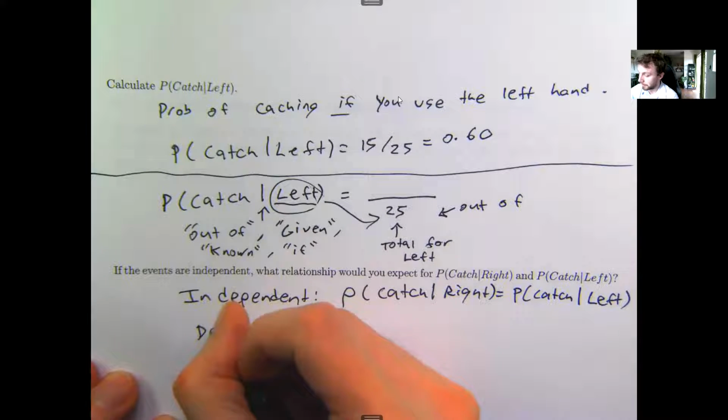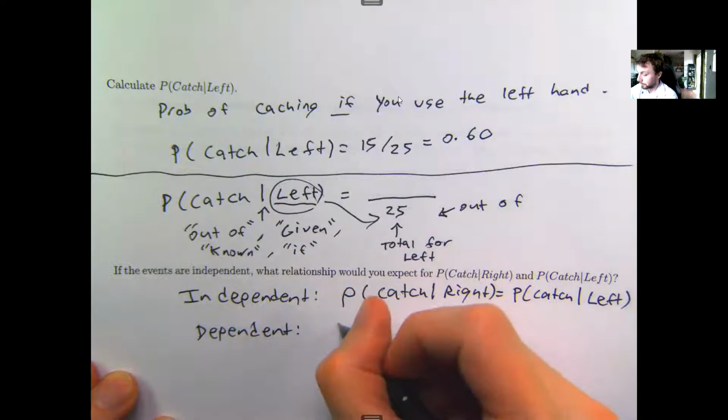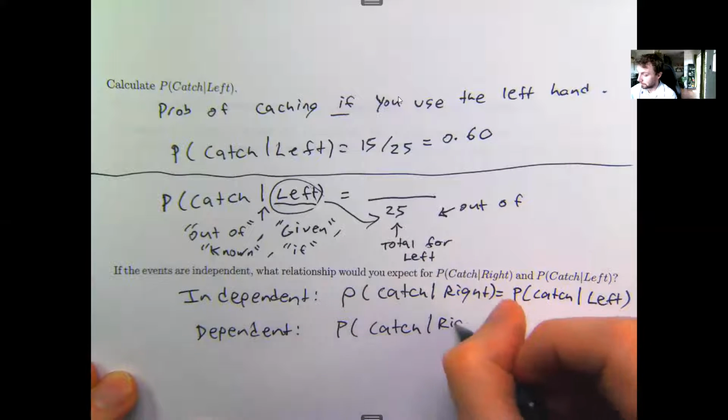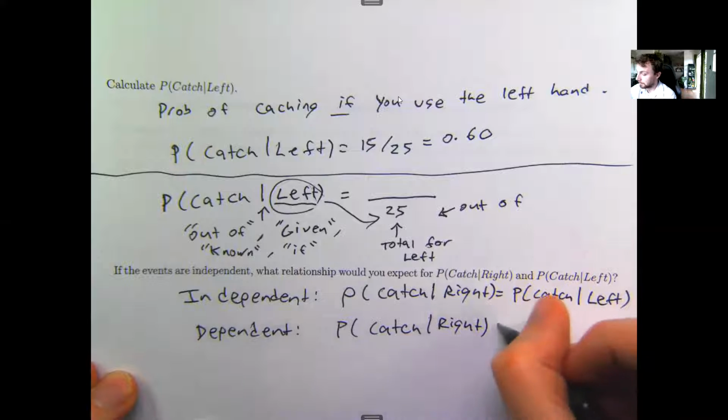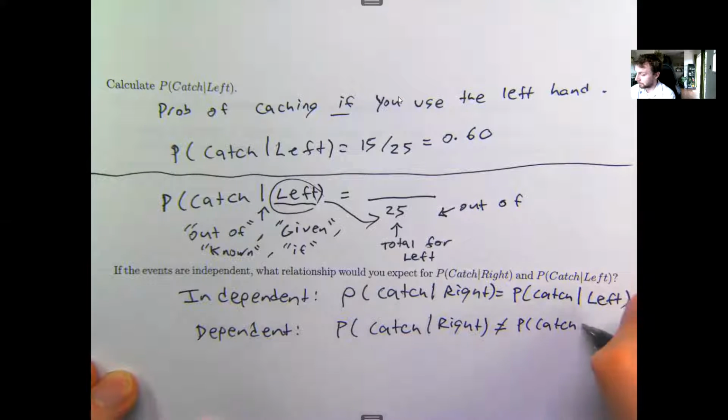Events are dependent if the probability of catching with the right hand is different than the probability of catching with the left hand.